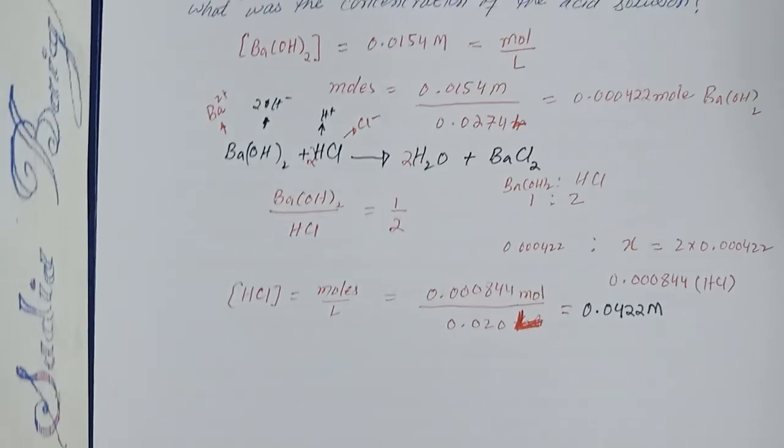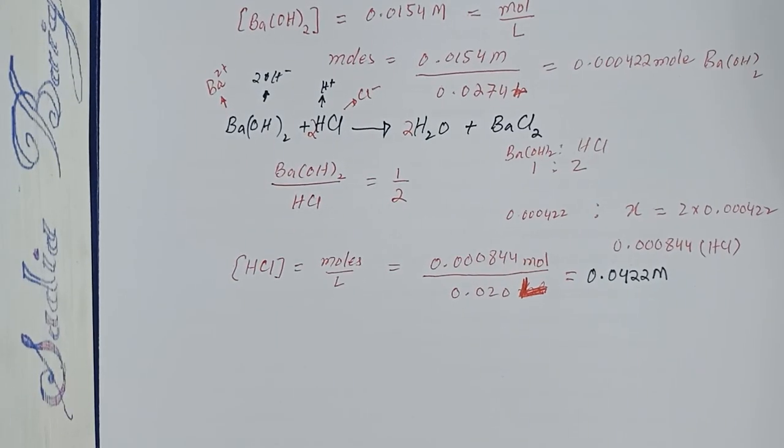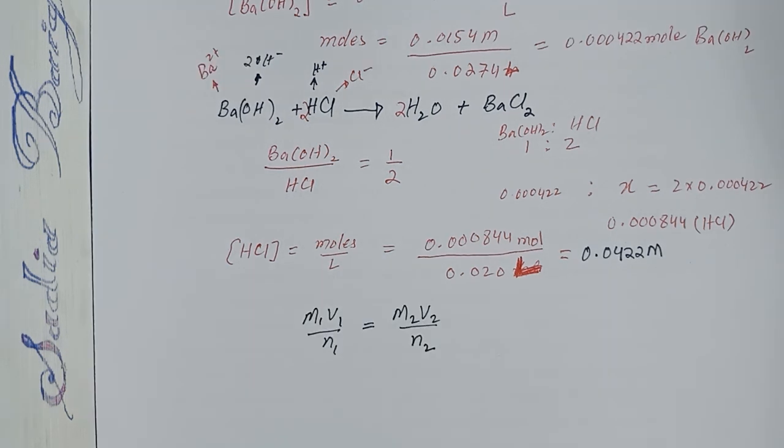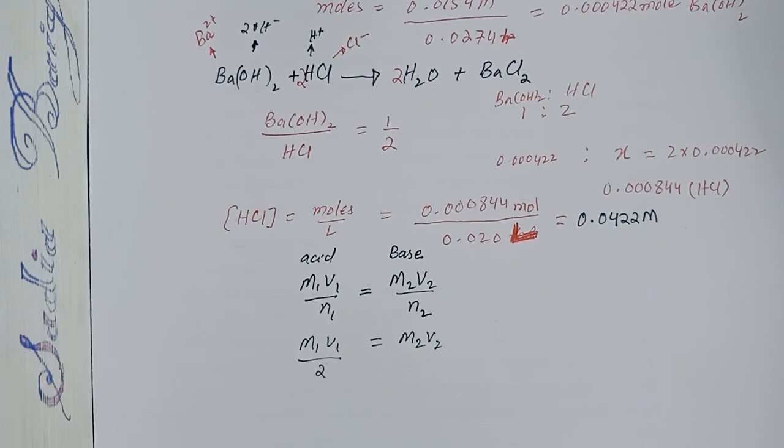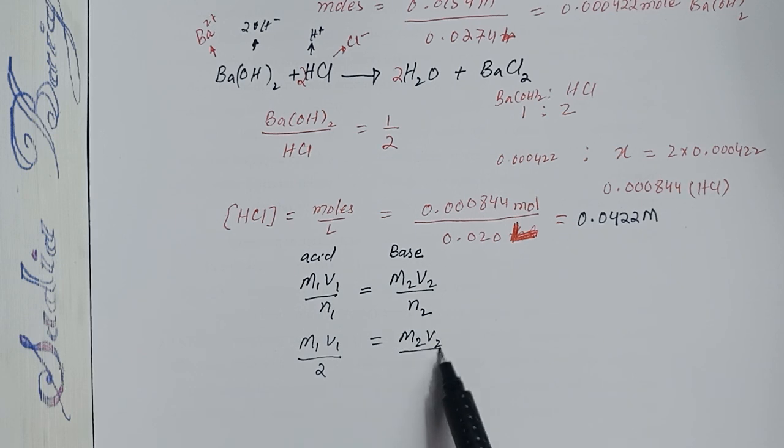So let's see if we use the shortcut that is M1V1 is equal to N2V2, and according to the balanced chemical equation, N1 is equal to 2, that is the number of moles of HCl, and N2 is 1.